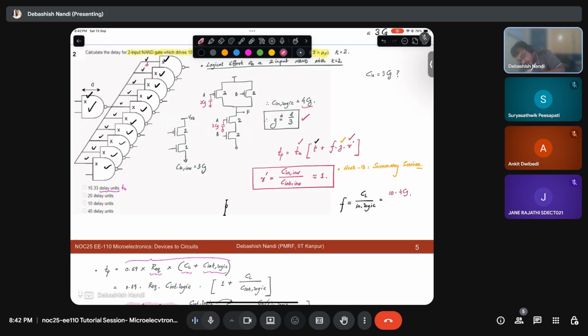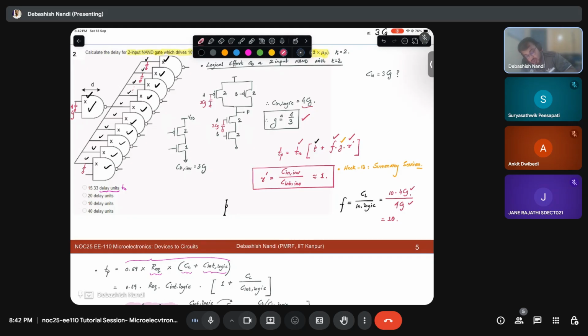Here you will see 4CG, here you will see 4CG. Similarly, in all cases, you will see 4CG. So all these 4CG are getting added in parallel. C in logic is nothing but this 4CG. So you can get it 10. But remember that if the output stage is different, then you need to calculate this and this. These two may be different. Okay, so that was the point.